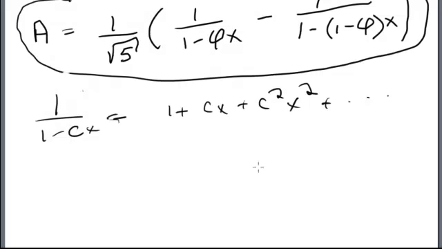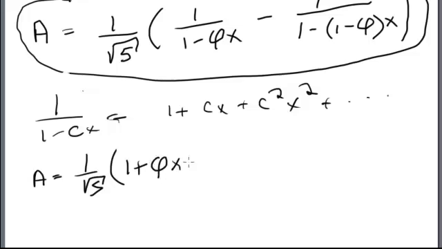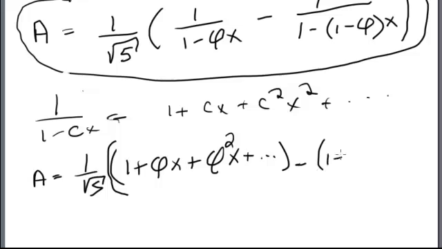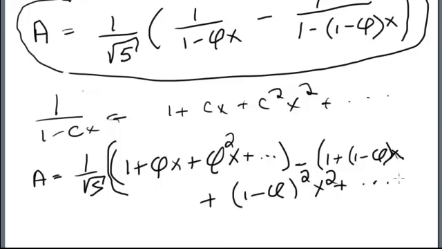Okay, so now let's just finish this up. A is equal to 1 over the square root of 5 times 1 plus phi x plus phi squared x squared plus dot dot dot, minus 1 plus 1 minus phi x plus 1 minus phi squared x squared plus dot dot dot.